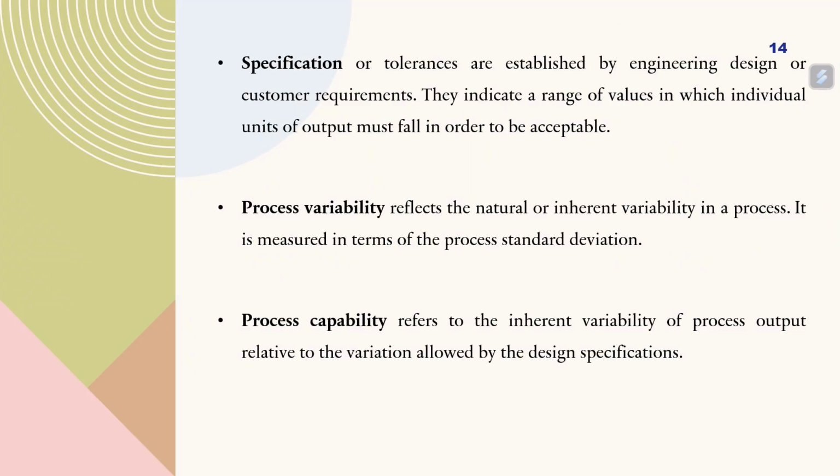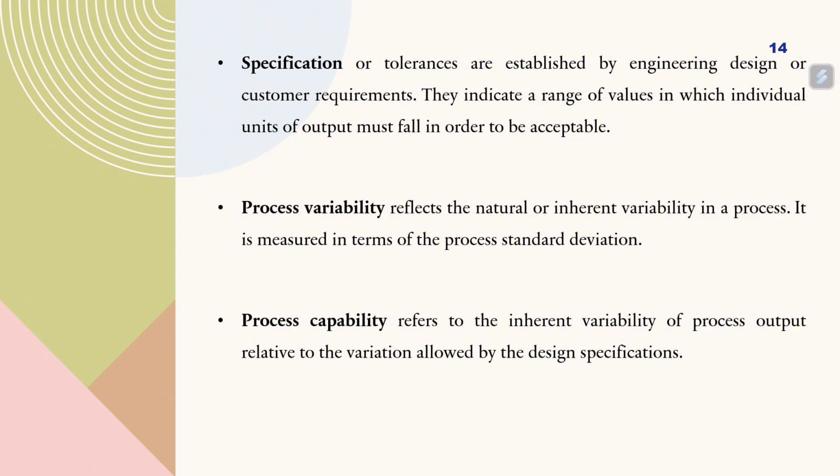So, there are 3 commonly used terms referring to the viability of a process output. First is the specification, second is the process variability, third is the process capability. So, a specification or tolerance is established by engineering design or customer requirements.